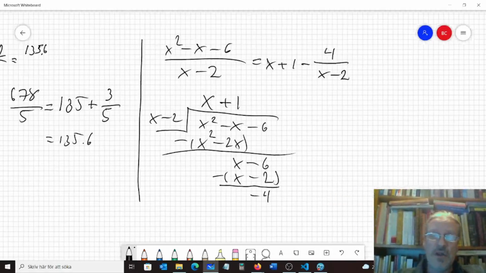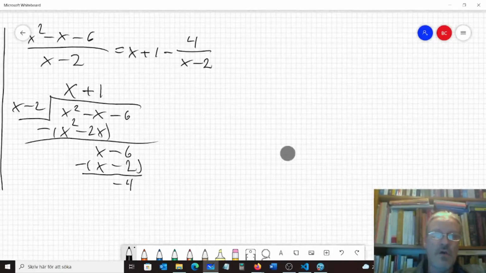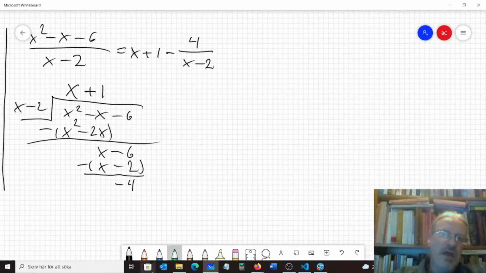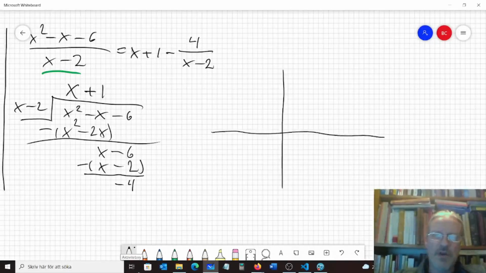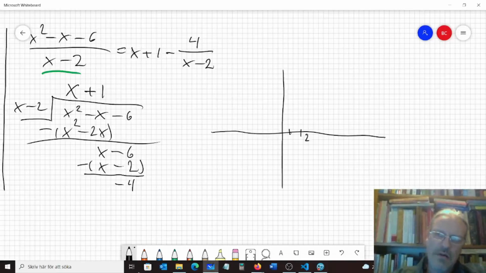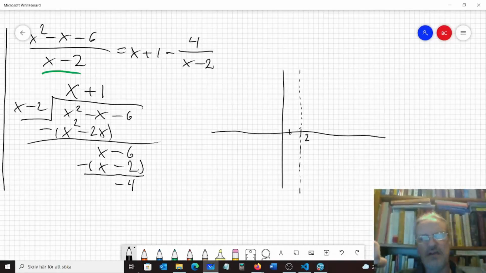To start with, we know that we have a vertical asymptote at x is 2, right? Since 2 minus 2 is 0, and we can't divide by 0. So this value here, 2, is not allowed. The graph will sweep away towards infinity at x is 2.